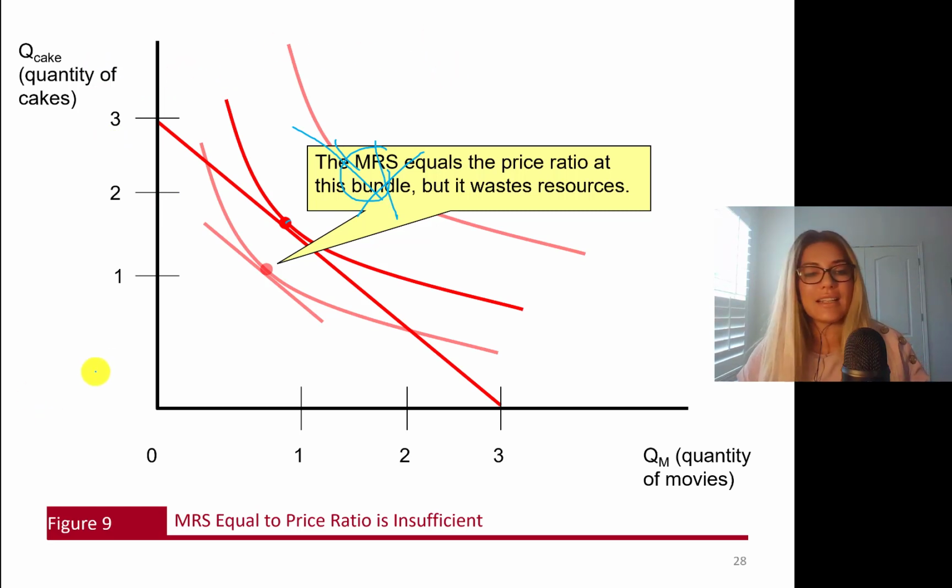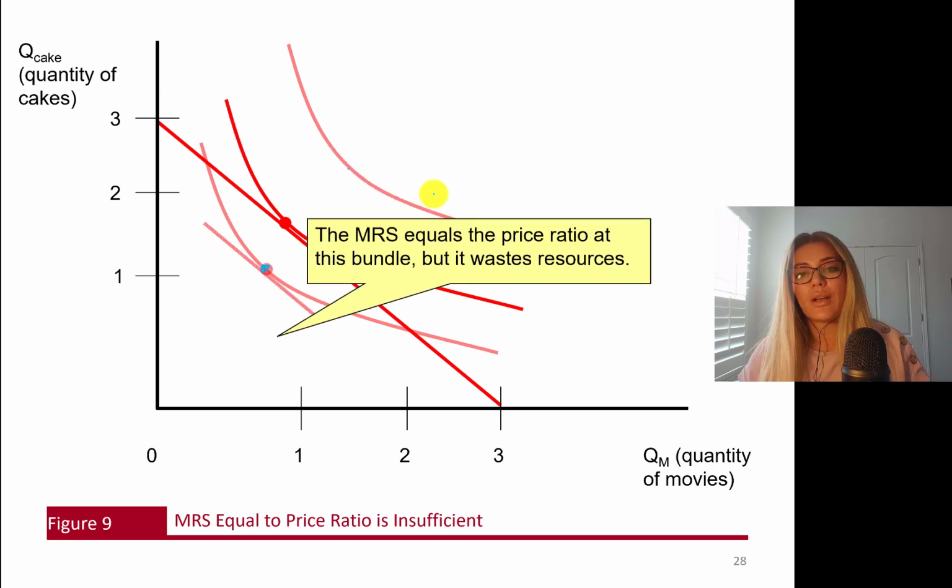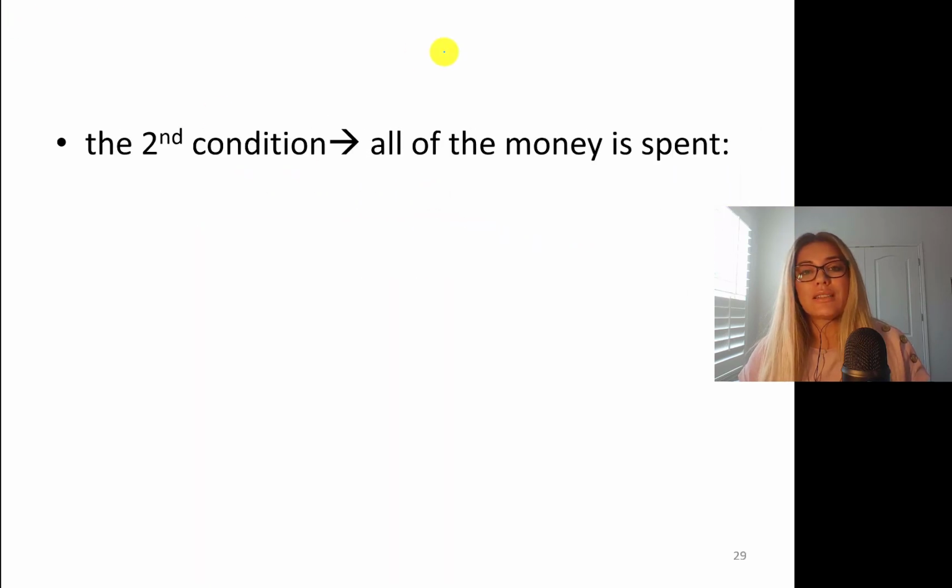But before that, here is another example of the marginal rate of substitution equaling the price ratio at this bundle too, but it wastes resources. I'm not using all my money here, and here I'm using too much of my money. Okay, so the second condition is that all of the money is spent.